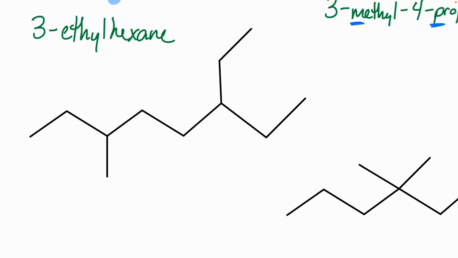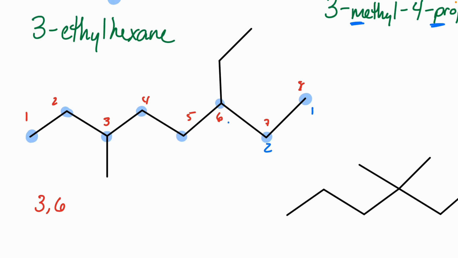All right, so for this one here, I'm going to find my parent chain. 1, 2, 3, 4, 5, 6, 7, 8 carbons. If I number in the one direction, I get a 1, 2, 3, 4, 5, 6. I get a 3 and a 6.